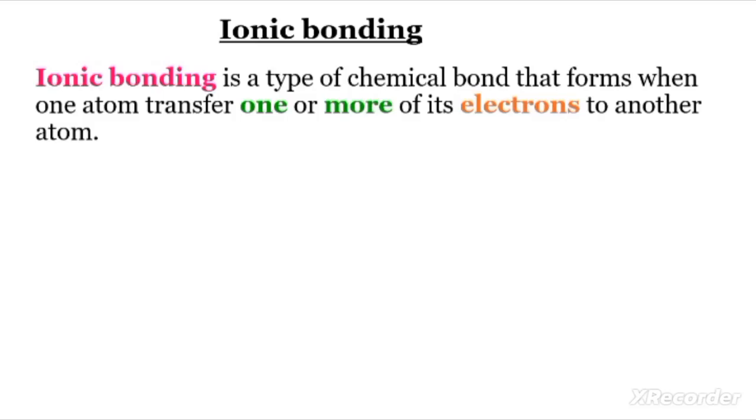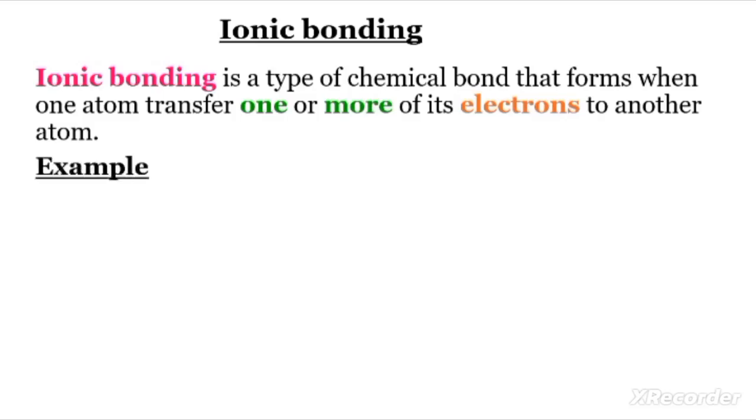So ionic bonding involves losing and gaining of electrons. When we say one atom transfers an electron, we are simply saying one atom loses an electron and another atom gains one or more electrons.